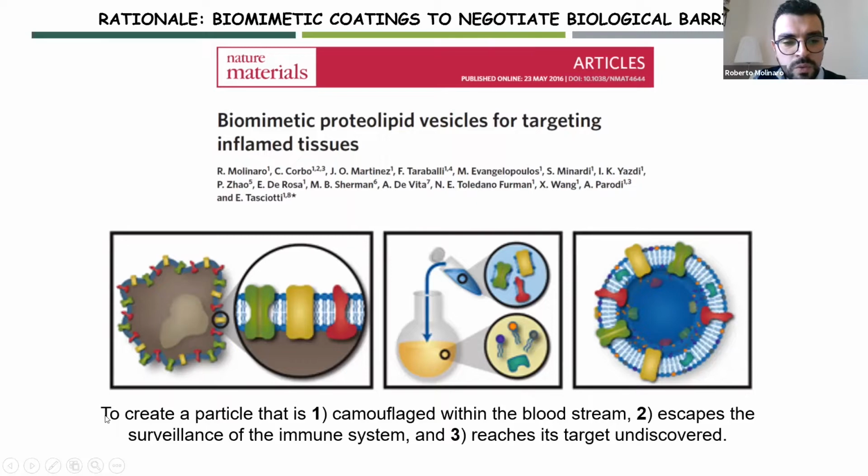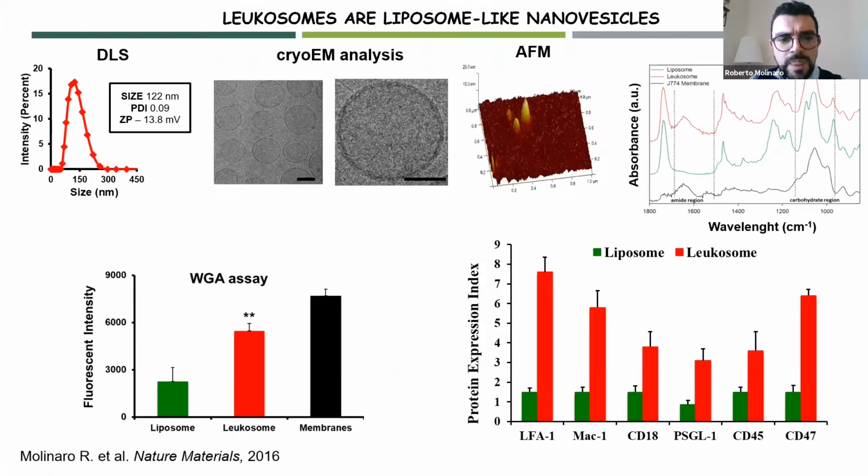And our goal was to create a particle that could camouflage within the bloodstream, that could escape the surveillance of the immune system and reach its target undiscovered. We have characterized these biomimetic nanoparticles both from a physicochemical and biological standpoint.